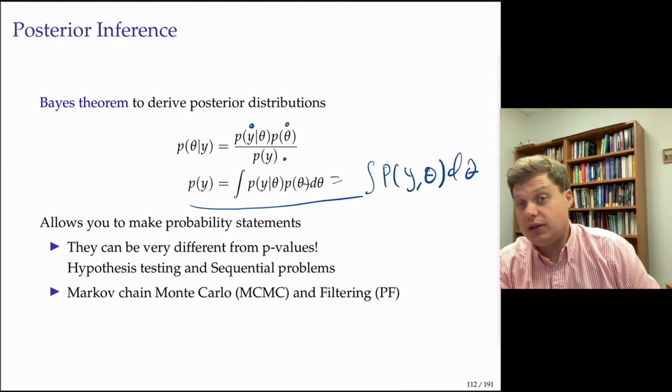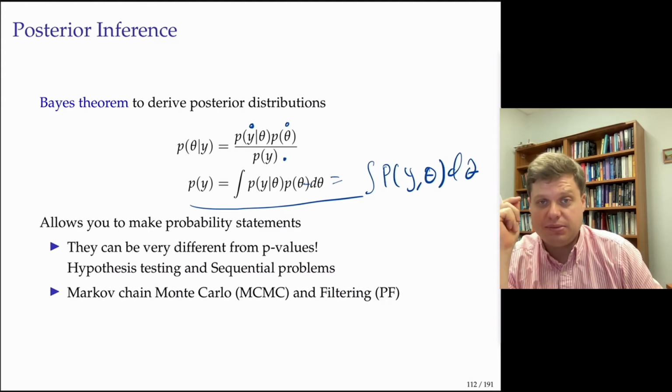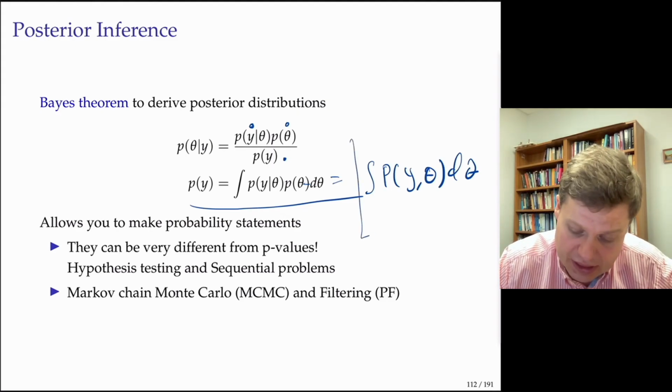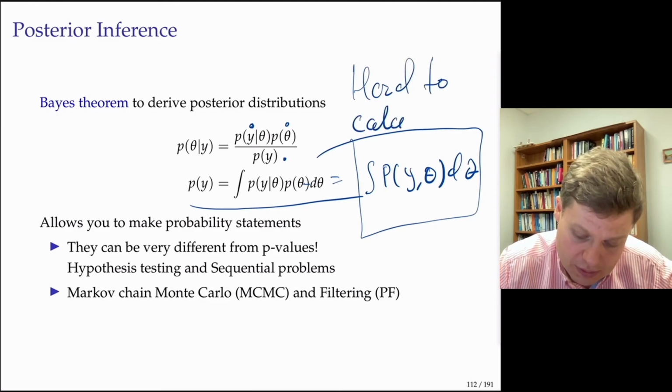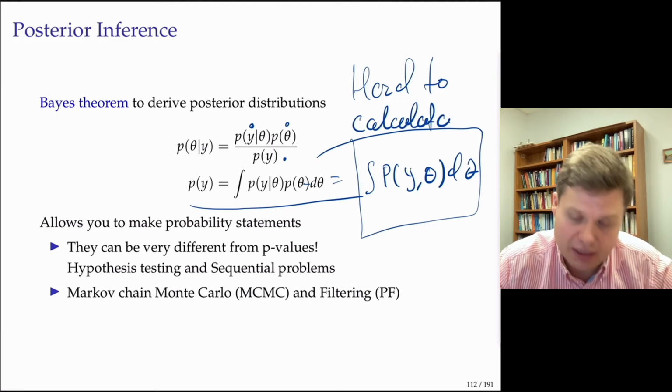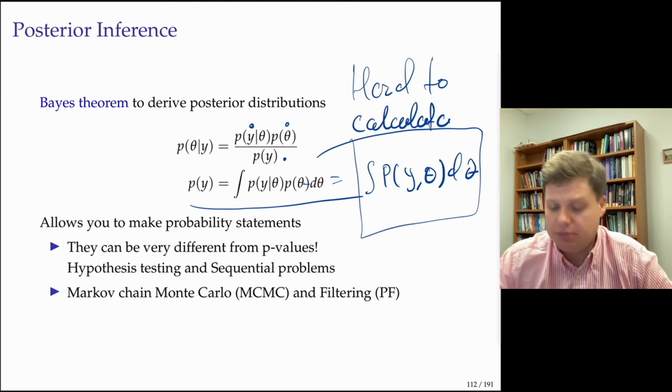Now, the reason we're going to use numerical algorithms, MCMC algorithms, is because this one is typically hard to calculate.